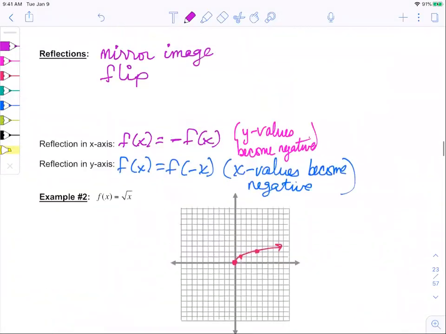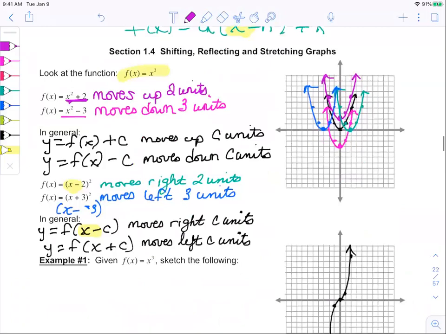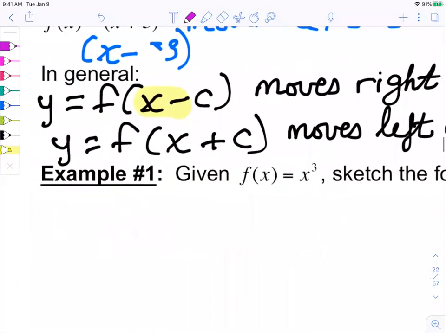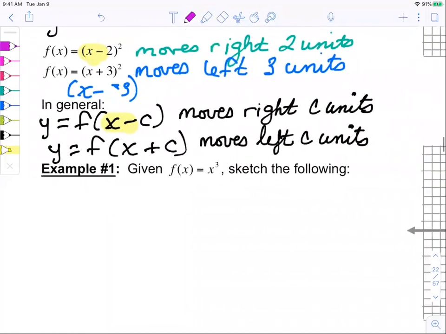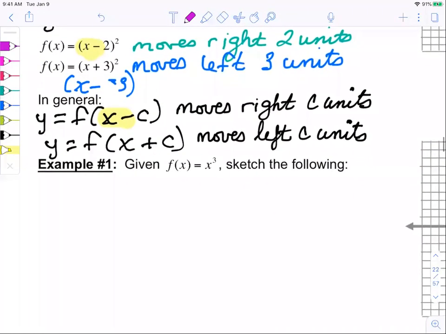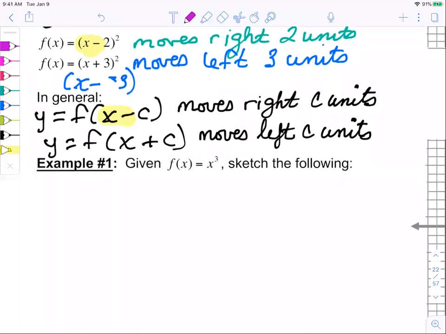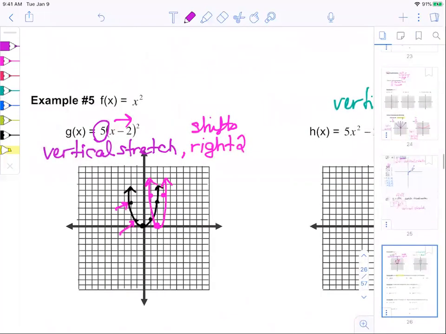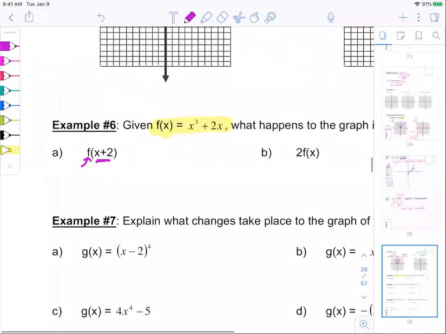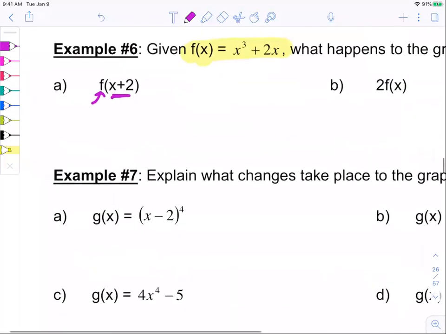For any function, if I have x plus c, no matter what the function is, it's going to move to the left. So that's what this question is asking us. What is going to happen to this function in general? In this case, since it says x plus 2, this graph is going to shift left.